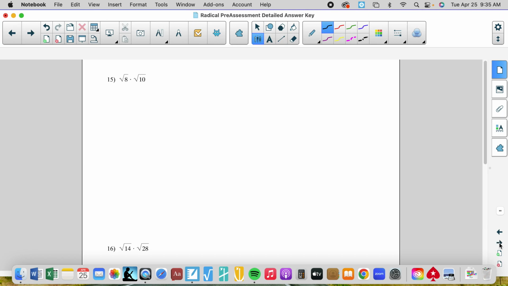Again, notice the transition. We're transitioning from adding and subtracting like terms to multiplying. And when we multiply, we do not want to create rad 80. Yes, rad 8 times rad 10 does give us rad 80.